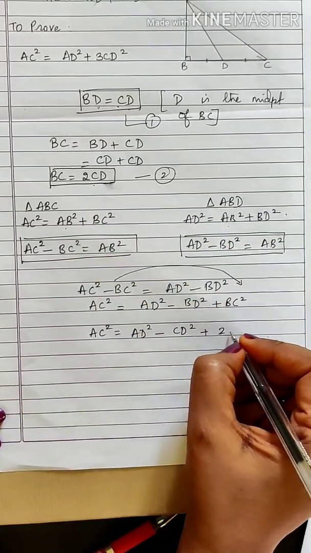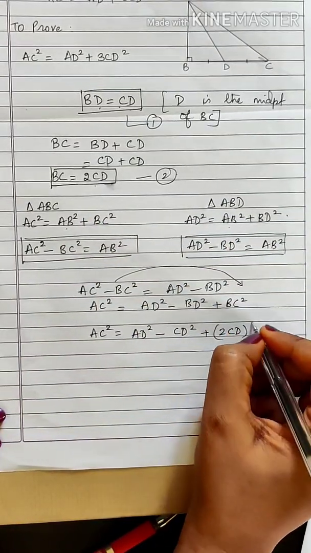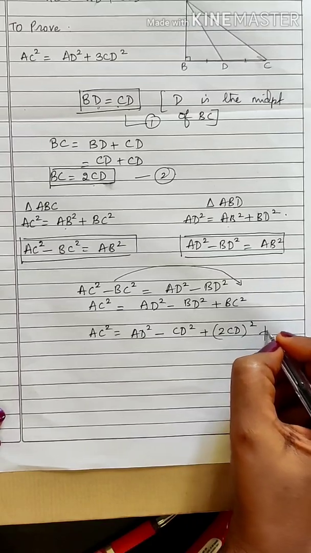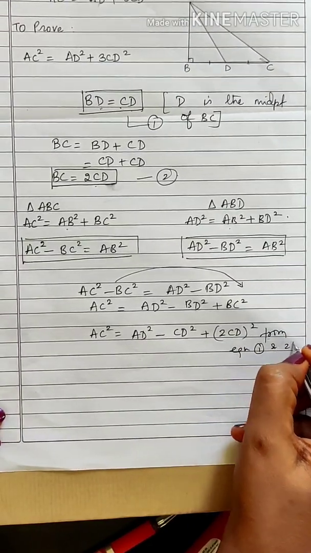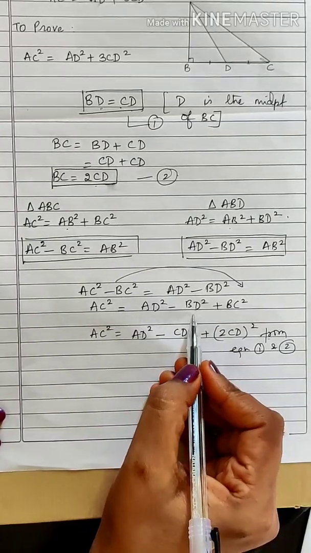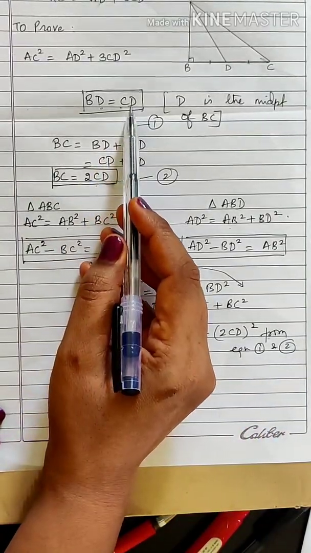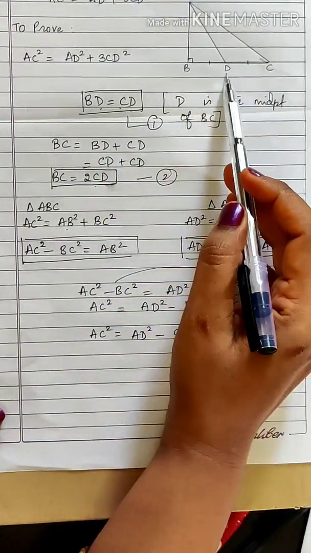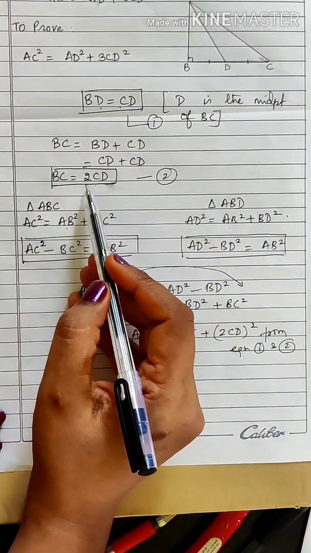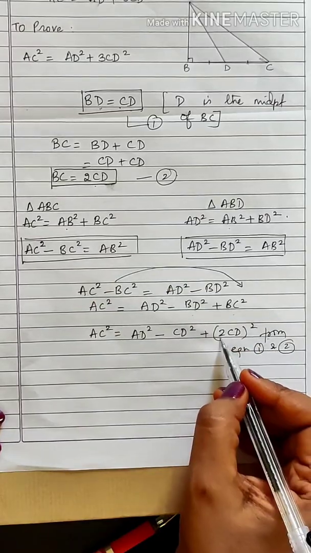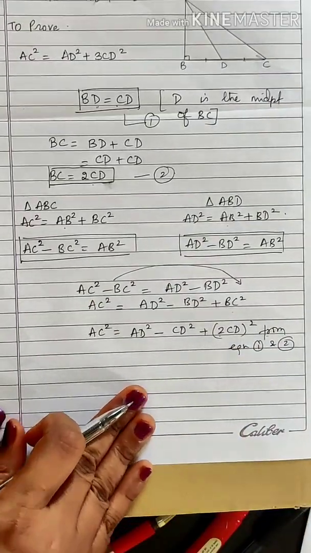BC is 2CD the whole square, from equations 1 and 2. In place of BD we are substituting CD because BD is equal to CD. In place of BC we are substituting 2CD, so this becomes 2CD the whole square.